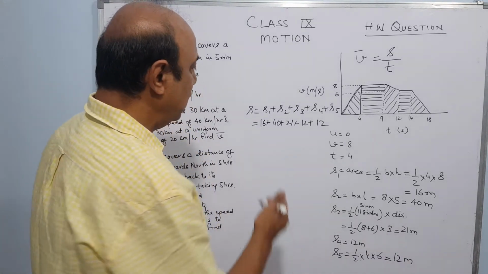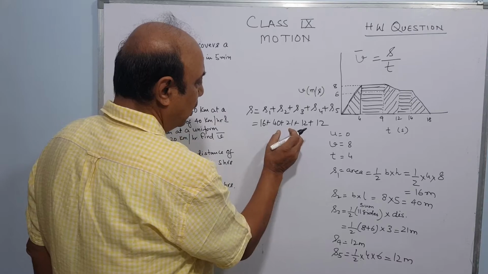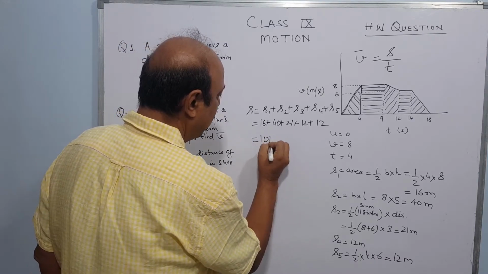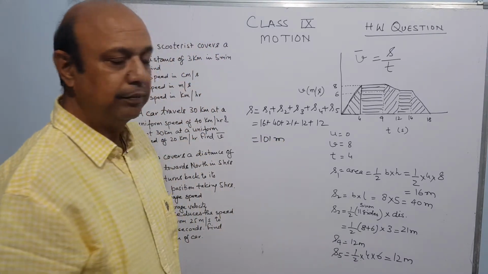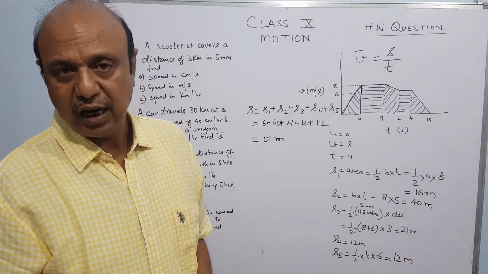How much is the total? Let us see. This comes to 101 meters. So the total distance is 101 meters.